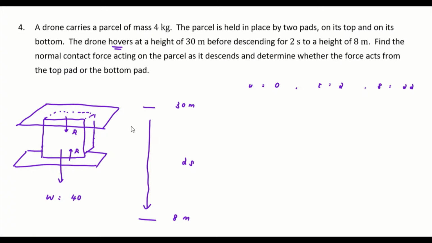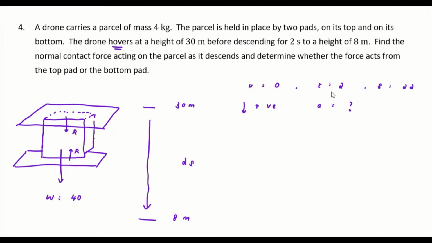Since it's going down, we can treat going down as our positive direction. Then we can find our acceleration. After that, we use the net force formula to help us solve this. Remember to check whether your directions are all aligned to the positive direction that you assigned.